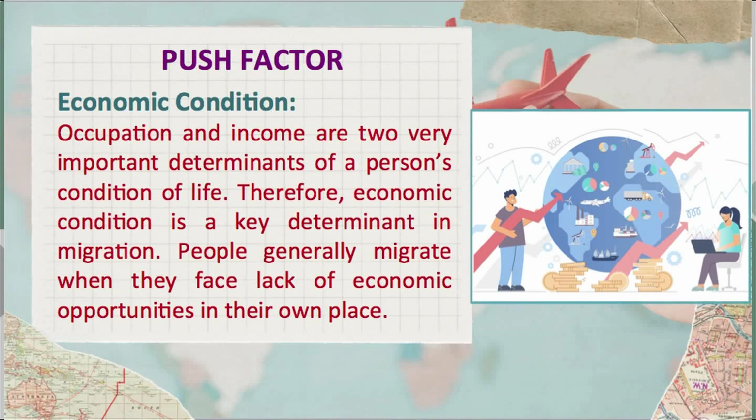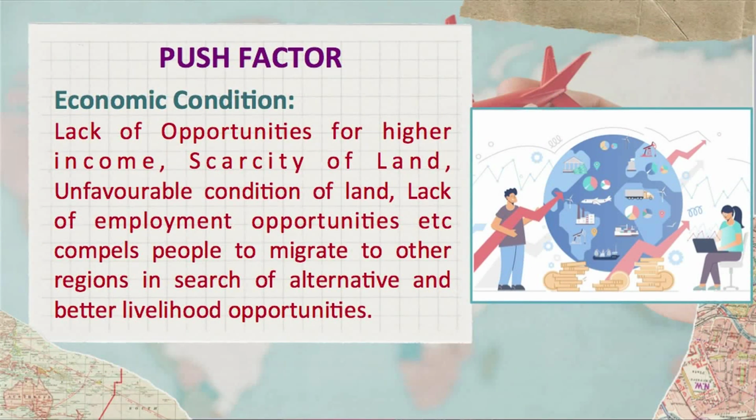People generally migrate when they face lack of economic opportunities in their own place. Lack of opportunities for higher income, scarcity of land, unfavorable condition of land, lack of employment opportunities, etc. compel people to migrate to other regions in search of alternative and better livelihood opportunities.